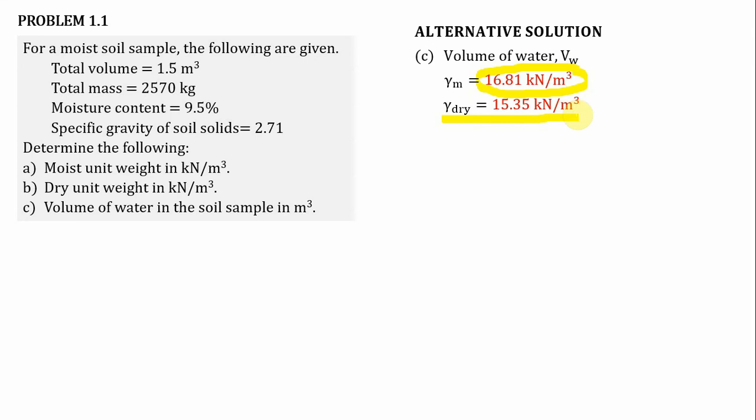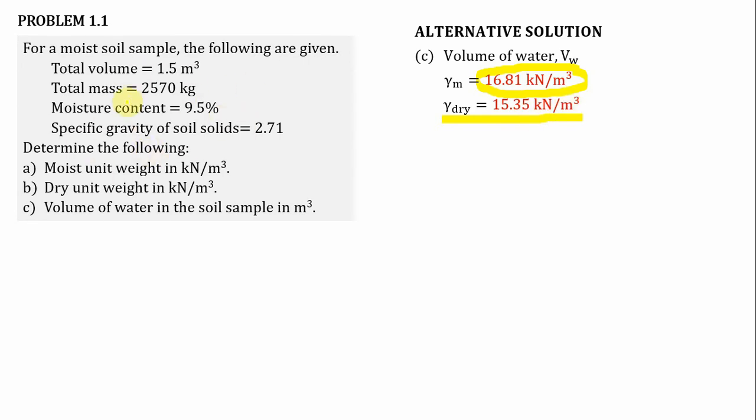How about this one, the dry unit weight, which is equal to 15.35 kilonewton per cubic meter? What does this mean? It means that in every cubic meter of this soil sample, there is an equivalent 15.35 kilonewton of dry soil.